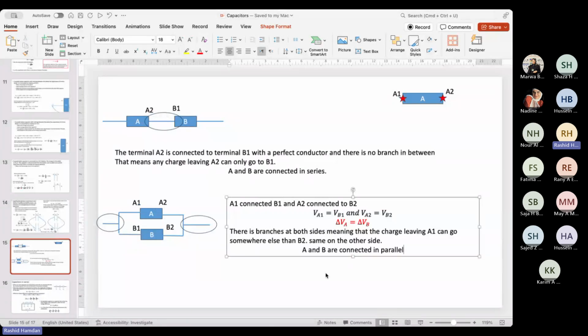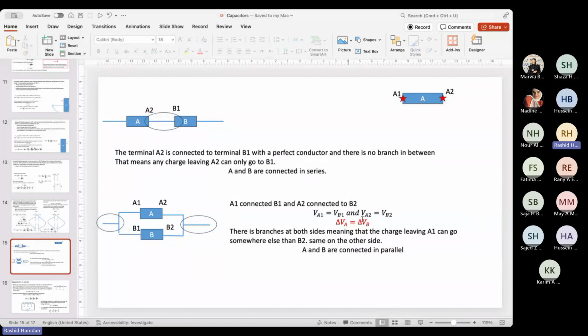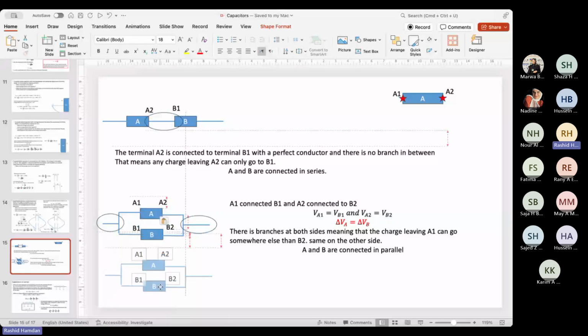Now, we could have something other than that. So there might be another device in the middle, and I could have this connection here. But I have something else here.